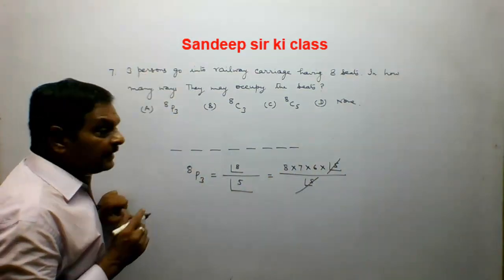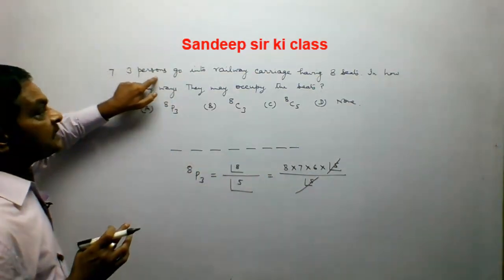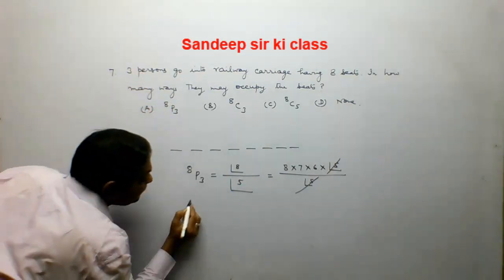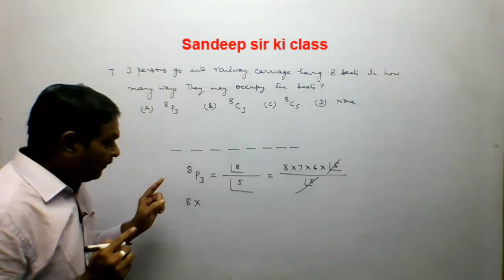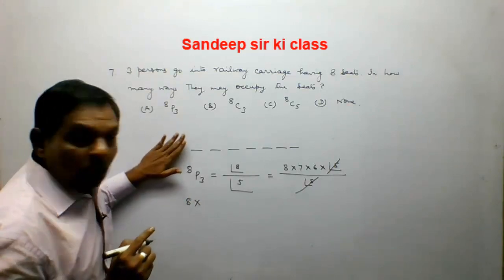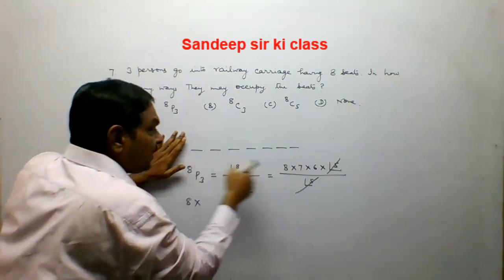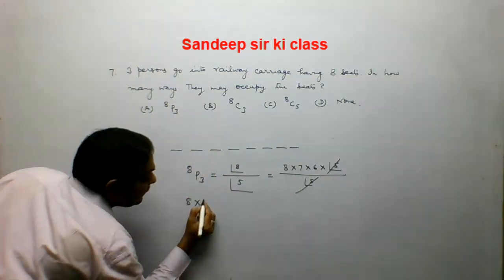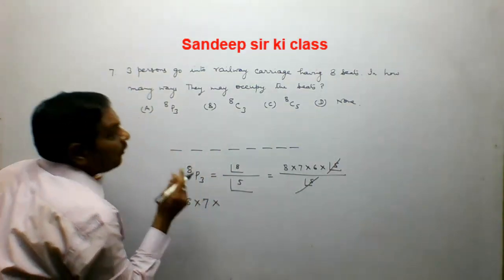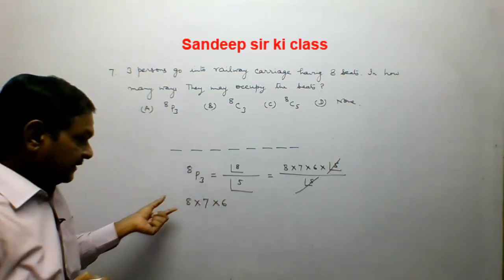We can understand it in a different way also. There are 8 seats available. 3 persons are to occupy them. Now the first person has 8 choices. Now one place is occupied, so the second person can have 7 choices. The second place can be filled by 7 number of ways, and similarly the third person has 6 choices, so it is 6.